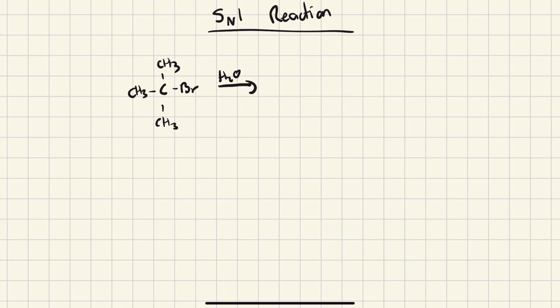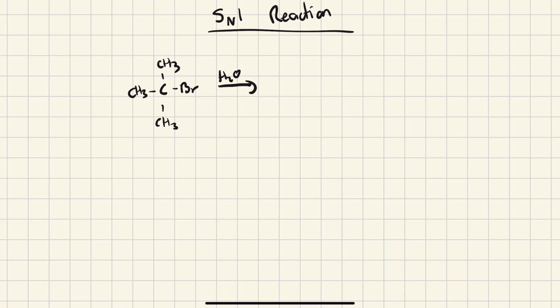Now, we know water is a weak nucleophile because it does have lone pairs, but it's neutral. It's stable as is. We also know that this is going to undergo SN1 because if we remove our bromine, we have 3 methyl groups, 3 electron donor groups that are donating electron density to our carbocation, which makes it more stable. It eliminates some of the positive charge.